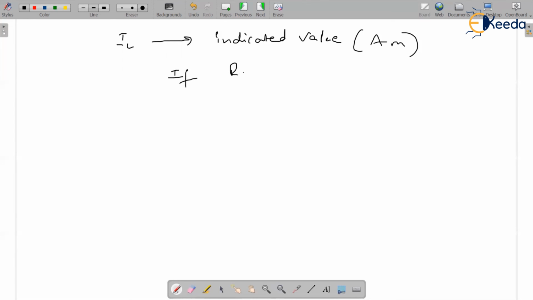So then next, if RL is less than R naught, meaning the ammeter resistance is less than the circuit resistance, then IL is less than I naught.